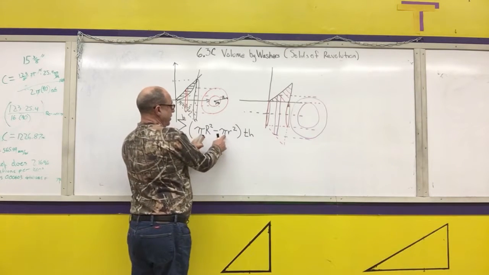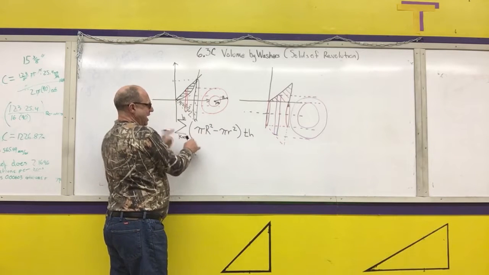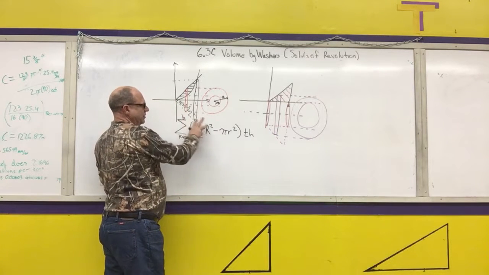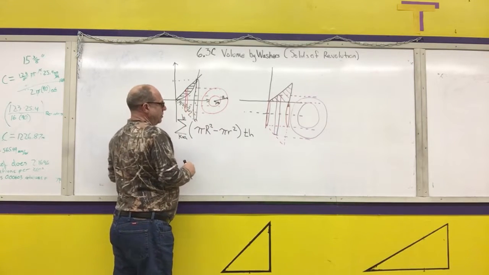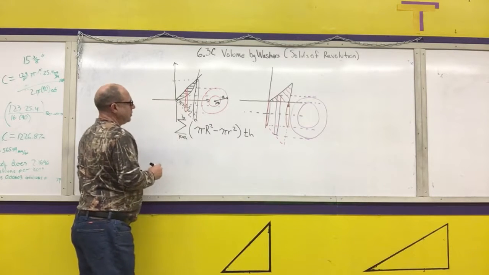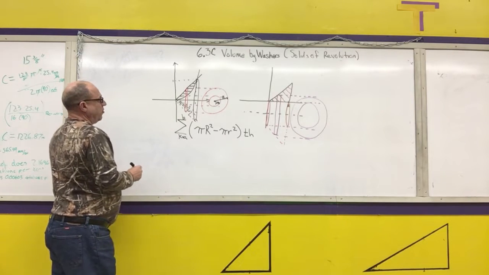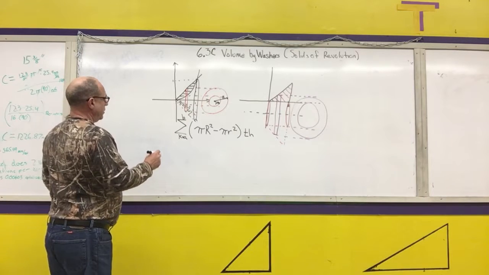Okay, so one thing we can do is factor out a pi, and we can turn this into our Riemann sum.